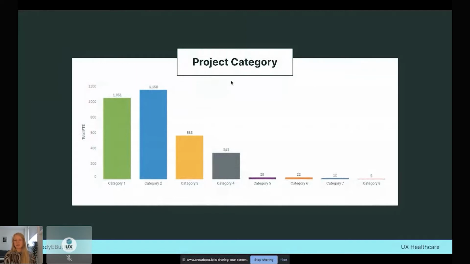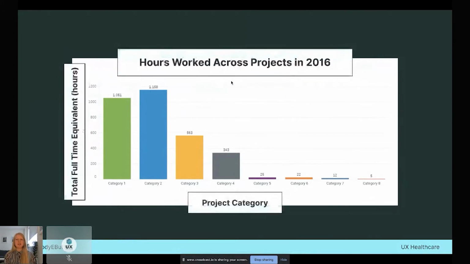And in this example, this graph is just called project category. There's an acronym on the left with no explanation, and it's really hard to know what's actually going on. So being very descriptive and clear in the way that you're labeling the data, not giving any room for misinterpretation, is really important.